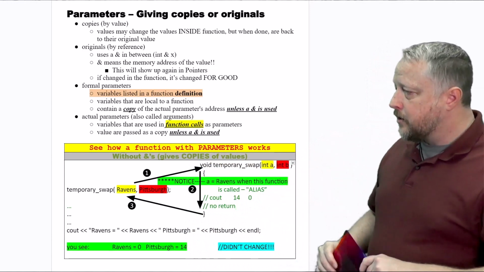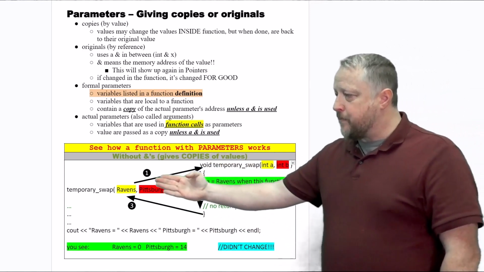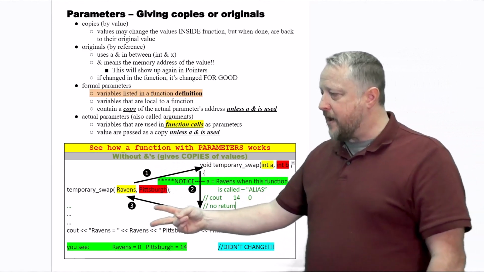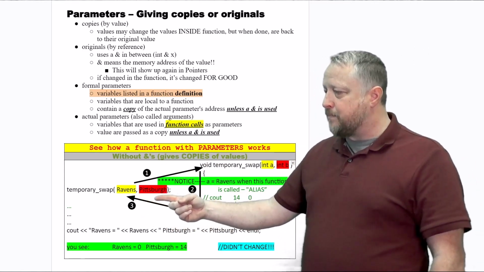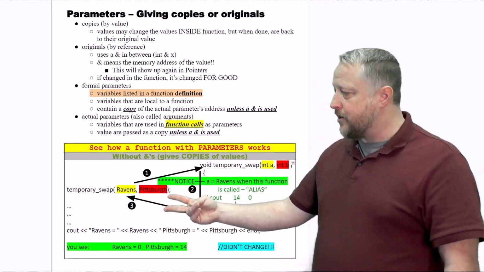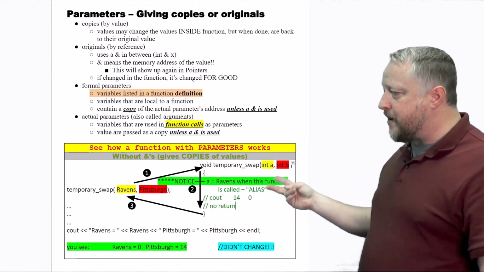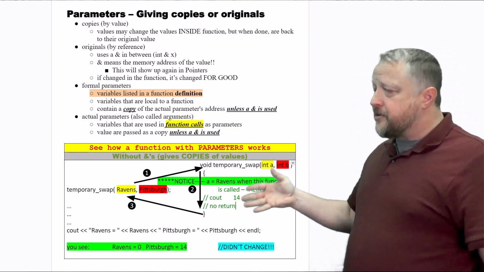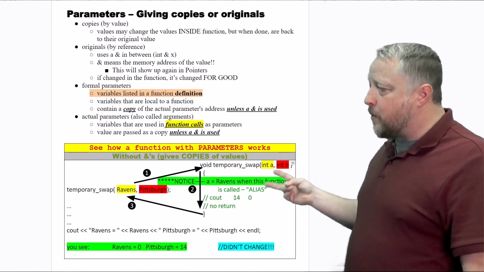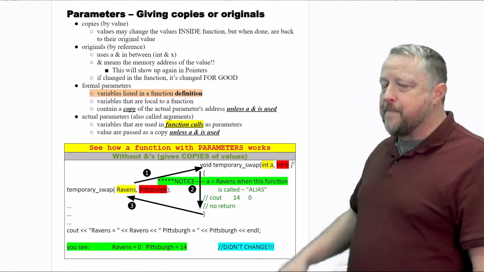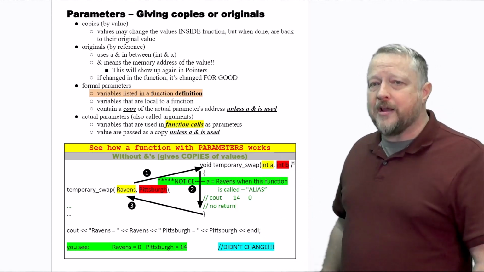Now, without the ampersands, we're going to give copies. So if I had two values, Ravens and Pittsburgh, I'm a football fan, I'm from the Northeast, and I pass them over to that function for swapping the two values, the function's going to do its job. The function is going to swap the two values. The bad part is it's just swapping copies.